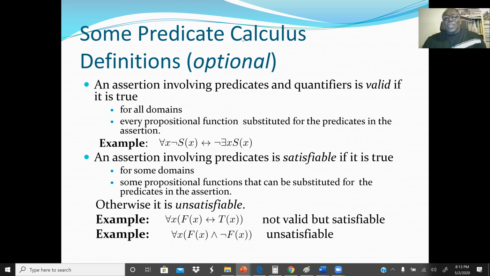Now some predicate calculus, this is another definition. An assertion involving predicates and quantifiers is valid if it is true for all domains and for every propositional function substituted for the predicates in that assertion. For example, if I say for all x, not S(x), let's say S(x) means x is a student in the class.